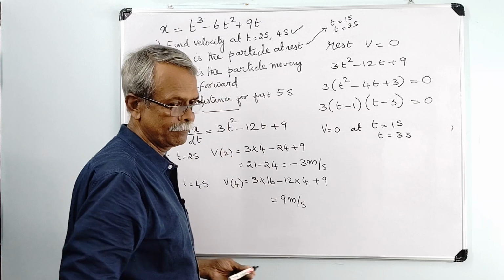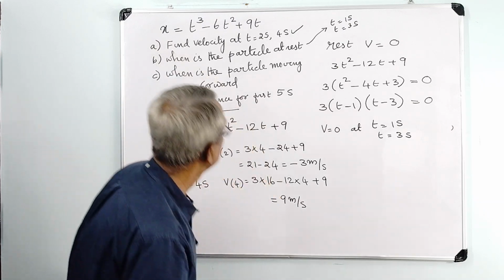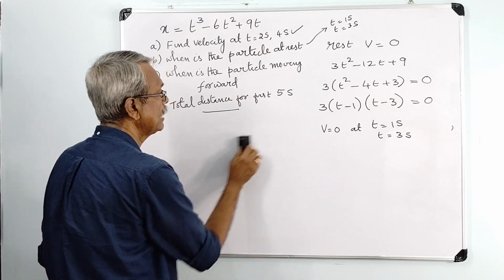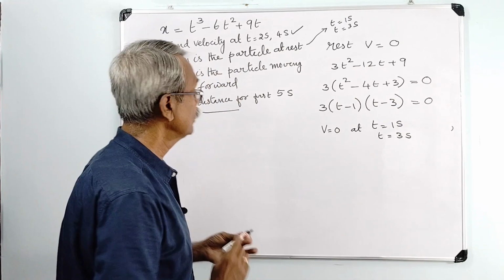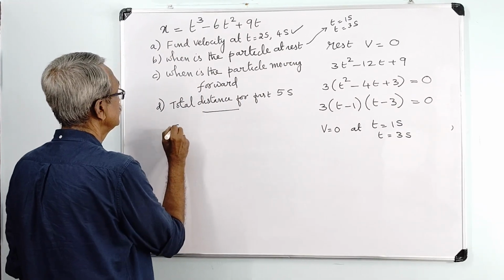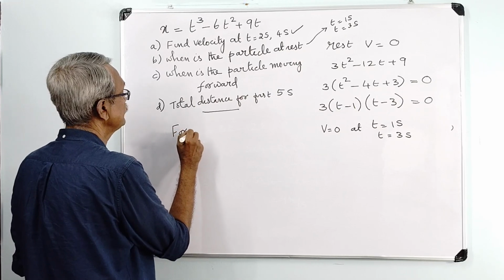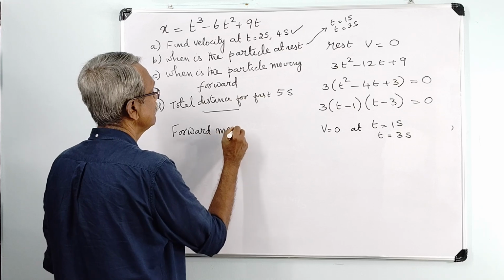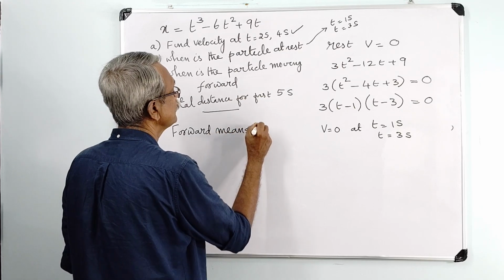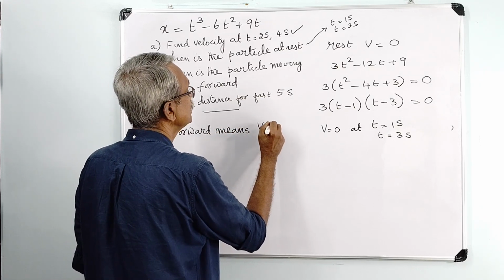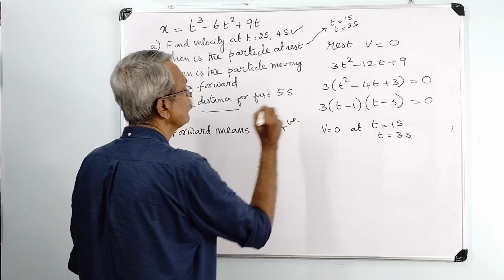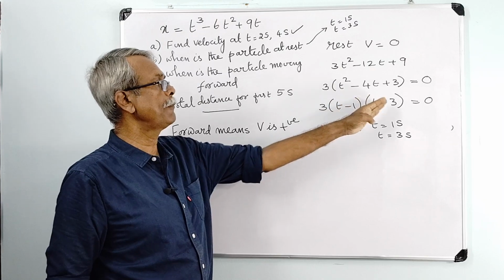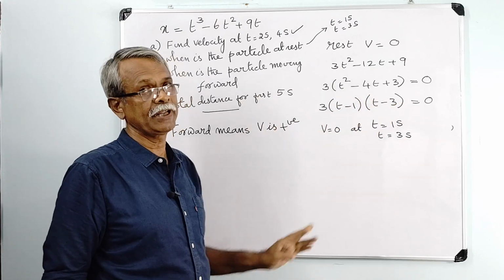Now the next part, that is very interesting. When is the particle moving in the forward direction? Forward means velocity is positive. Here we know that this can be positive in two situations.